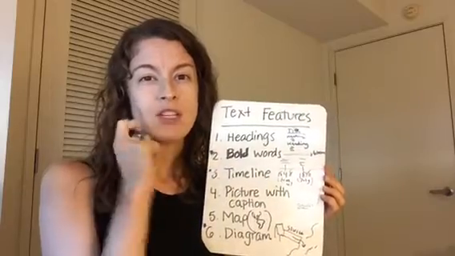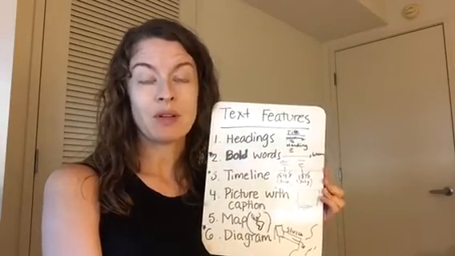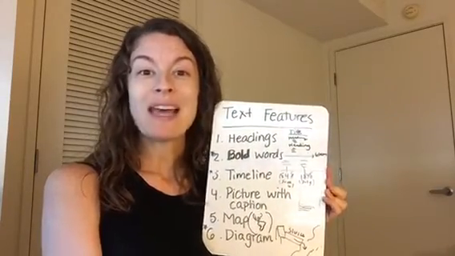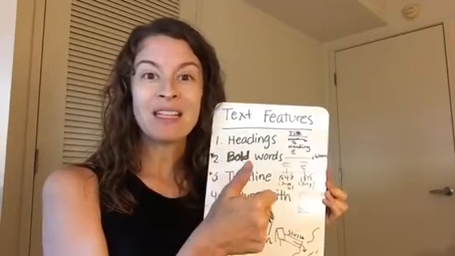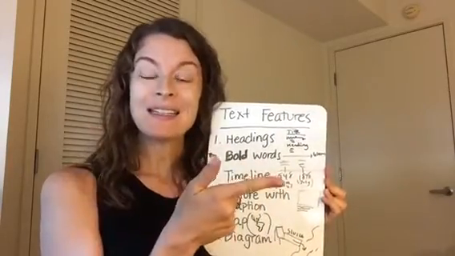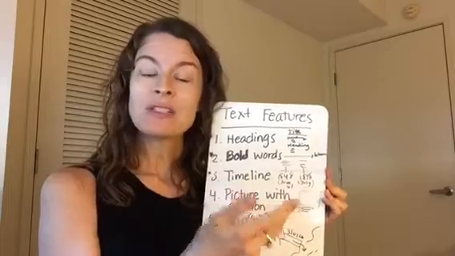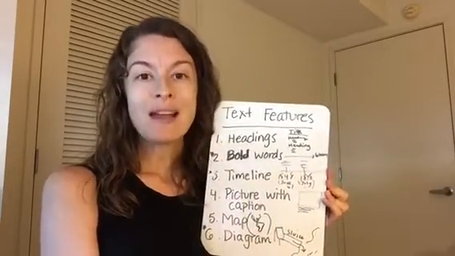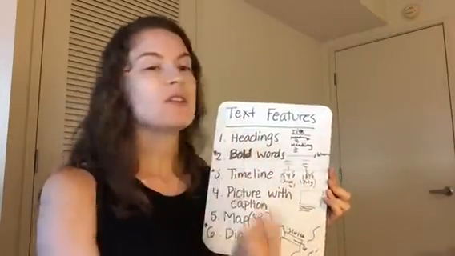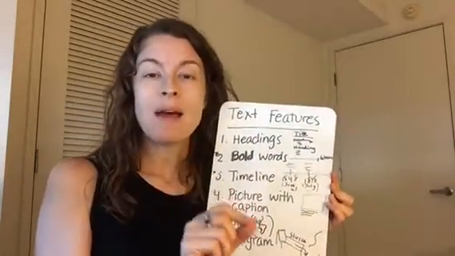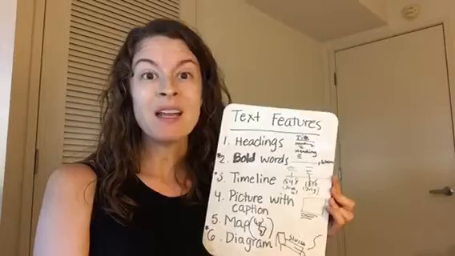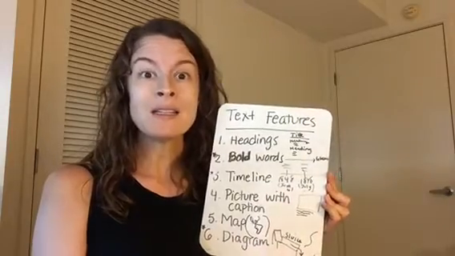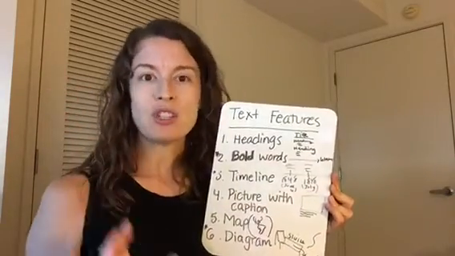So remember with my chapter about different groups of people during the gold rush, I used the headings of African Americans, Mexicans, white miners, and so on, Chinese, Native Americans. So those headings were important text features because they focused on my main idea of separating and organizing those different groups I was teaching you about.